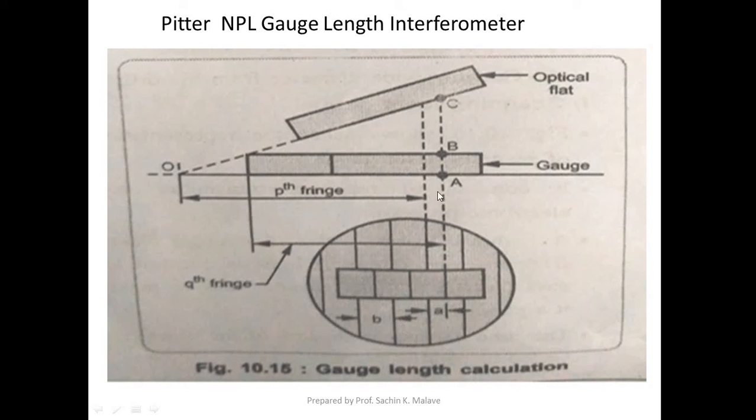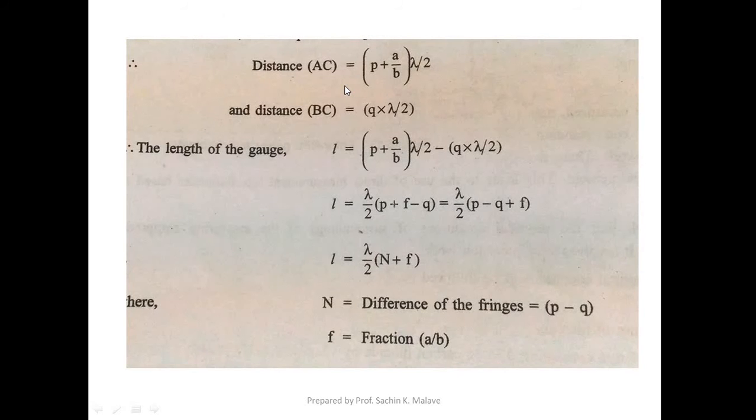So this distance is nothing but a by b fringes, isn't it? And so the total distance is p plus a by b fringes. So that is the fringe count corresponding to the height between point A and C. So distance AC is nothing but p plus a by b times lambda by 2, where lambda is the wavelength, isn't it?